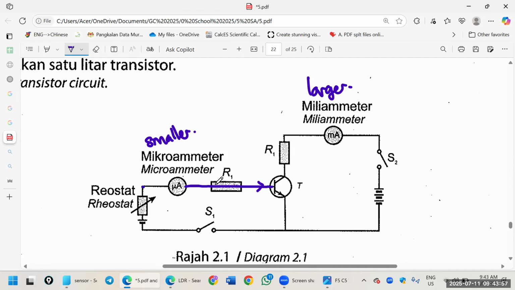The current passing this way, we call it IB. The current passing this way, we call it IC. Congratulations. So now this is S1, this is S2.